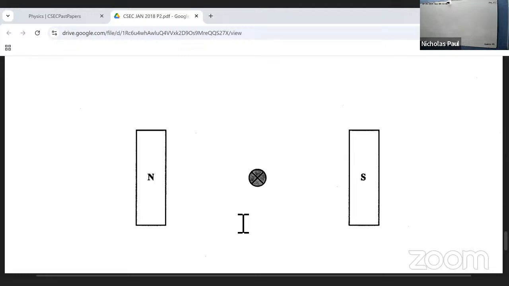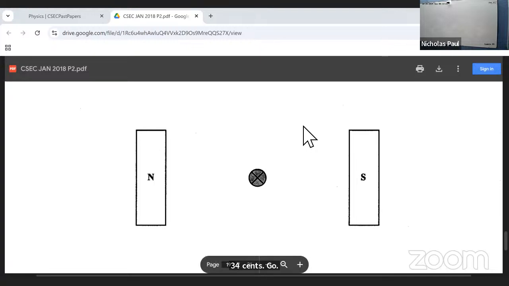So left-hand rule: the current's going in, the magnetic field going north to south. So my first finger goes north to south, so the force is down. If the force is down, the field lines will look like this.